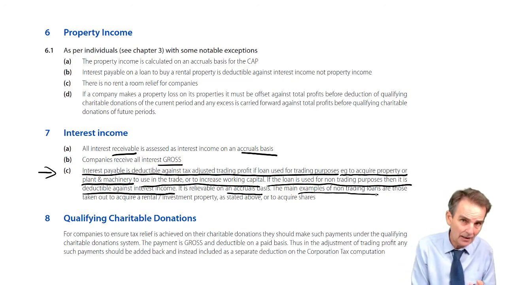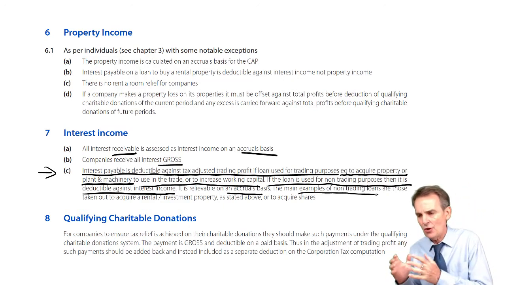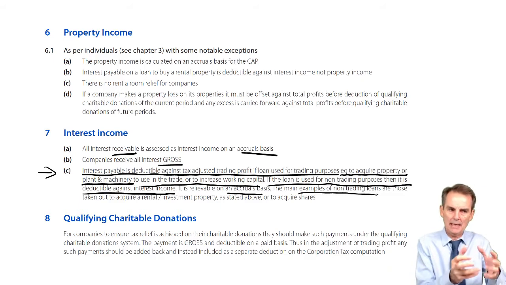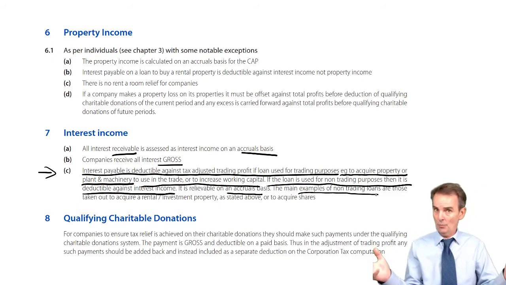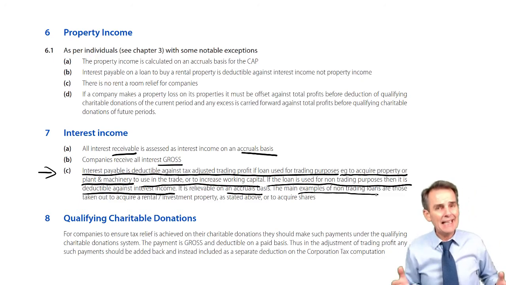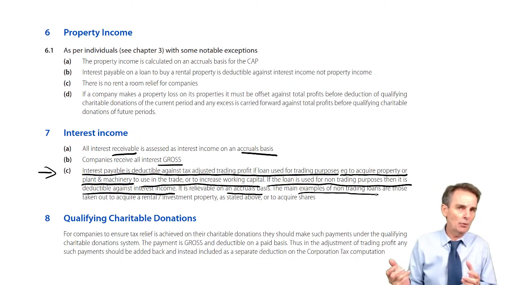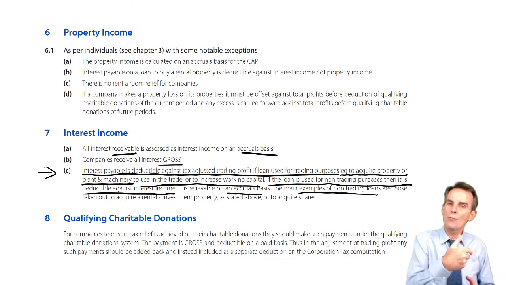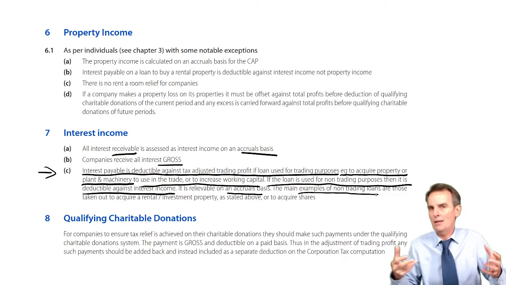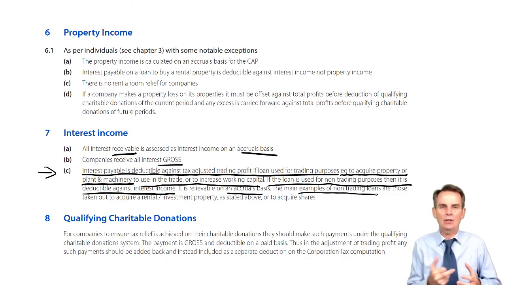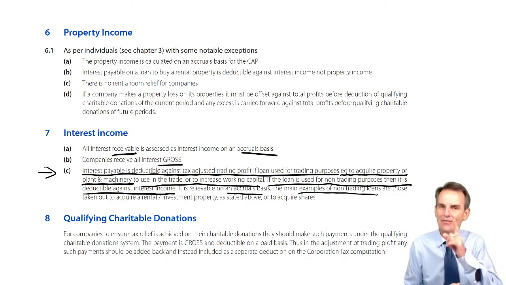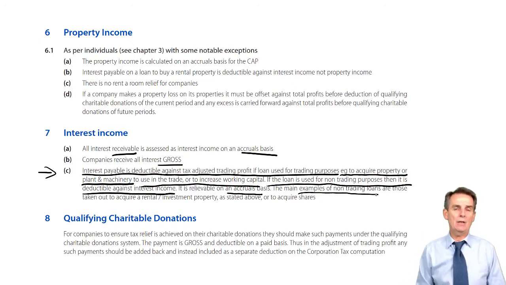You might then think, so that is interest payable on a loan taken out to get the rental property. So if this happened in income tax, the interest payable would be deducted from the rental income and would be taken account of in the net rental income assessment. That's what you do for income tax for individuals.